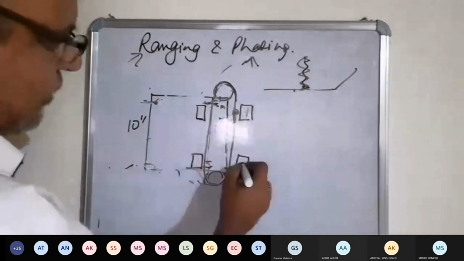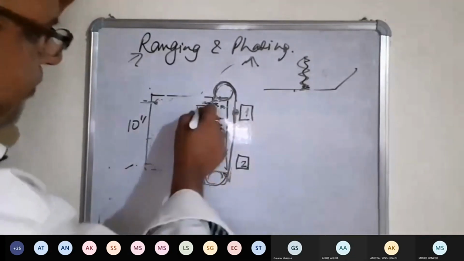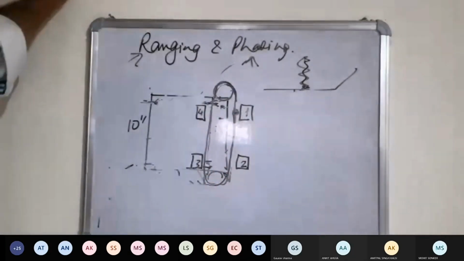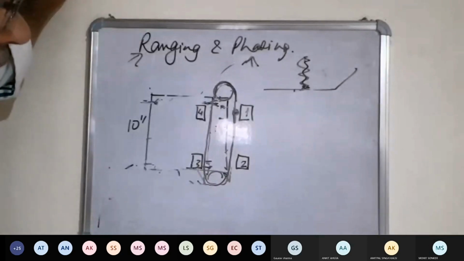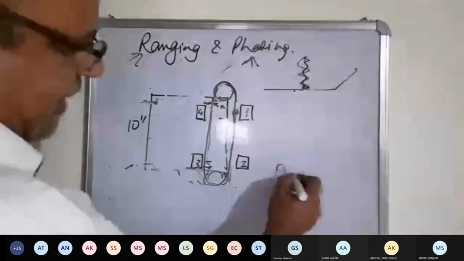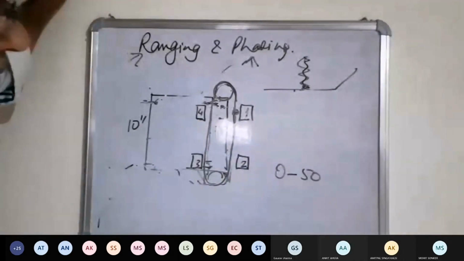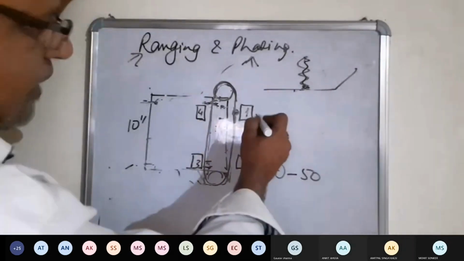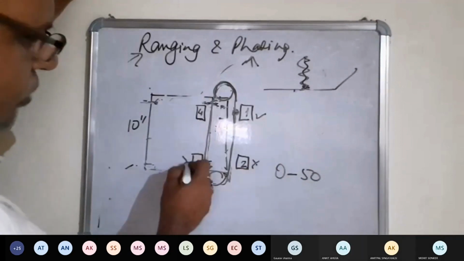Sensors may be termed as 1, 2, 3, 4. What is happening? In range 1, where it is 0 to 50 meters, this one is in action, others are out of circuit.